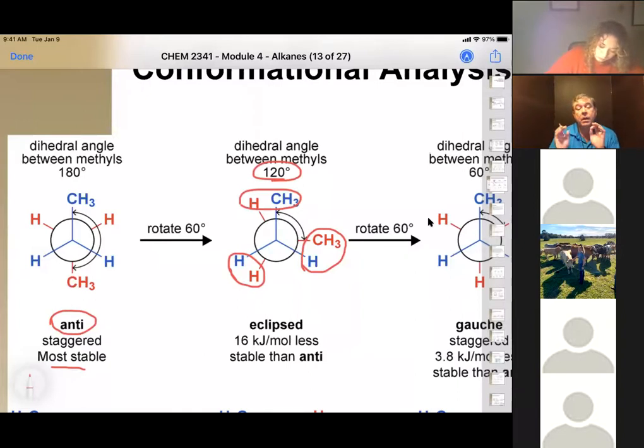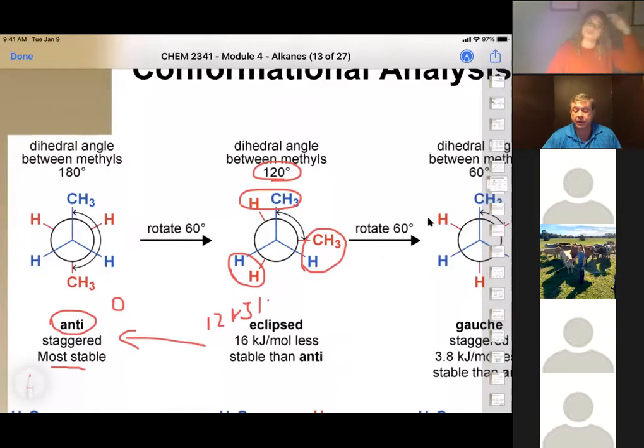Okay, so when we had 3 eclipsed hydrogens, we had 12 kilojoules per mole. With the methyl group butting up against a hydrogen, we now have an increased energy required. We have 16 kilojoules more energy required than our first starting point, which is our relative energy of 0.